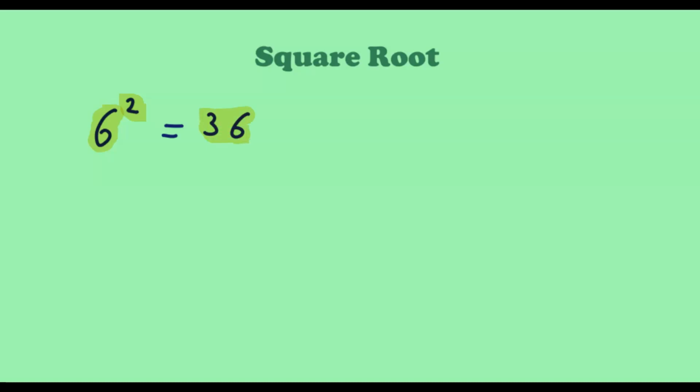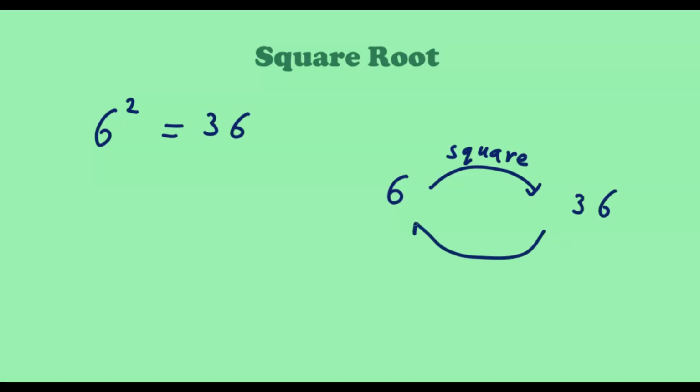So the inverse operation should somehow start from 36 and then end with 6. So basically, when we have the number 6 and we take the square of it, then we end up with 36. So if we start from 36 and we take its square root, then we should get 6.